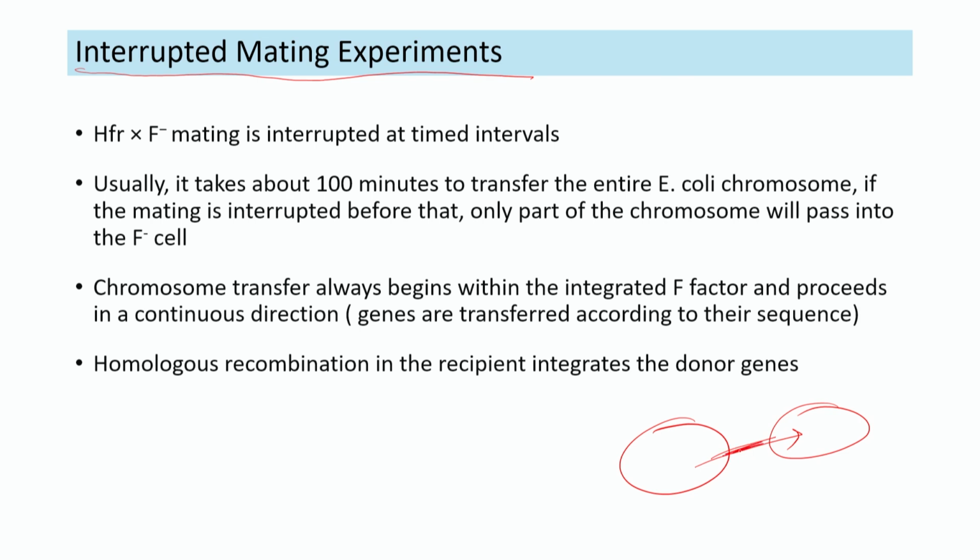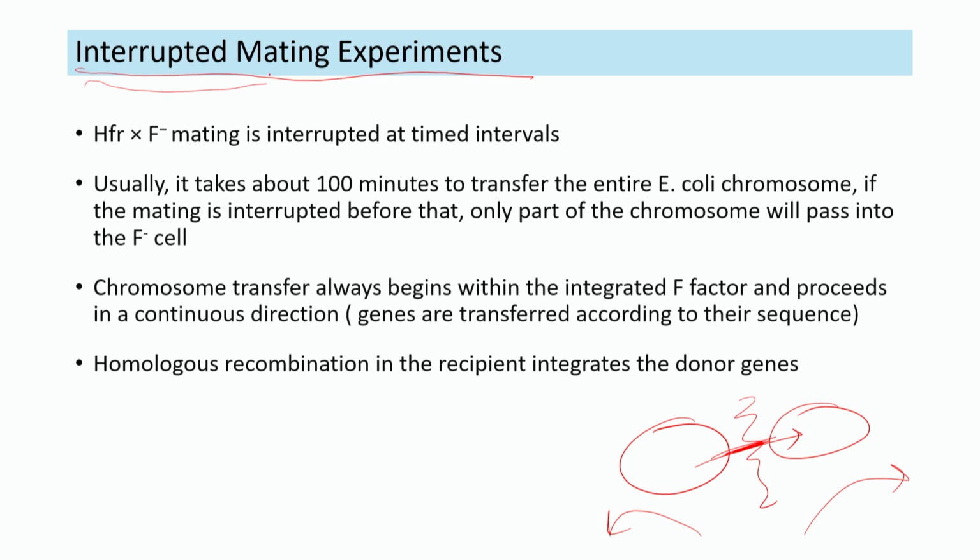And this is happening because of a tube which we call the sex pilus, right? So what if you disrupt this tube while the process is going on? This bacteria will go one side, that bacteria will go the other side, and that way the transfer will be interrupted because you have broken the contact, the communication between the two bacteria, donor and recipient. So that is called the interruption.